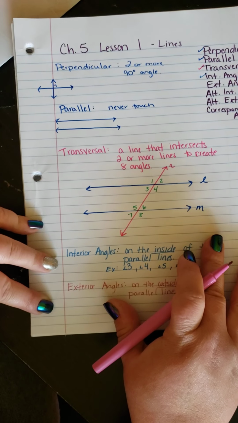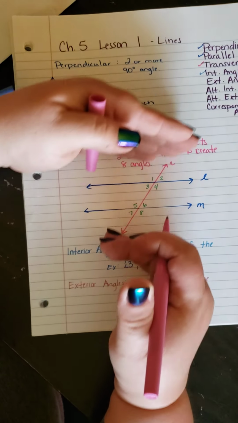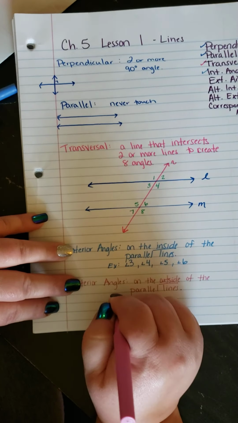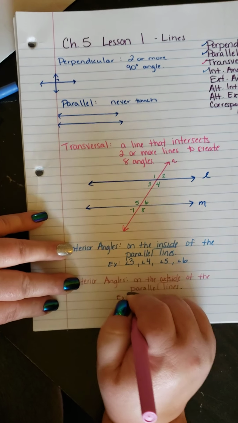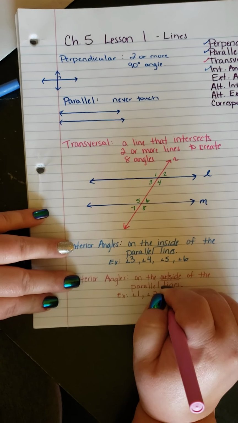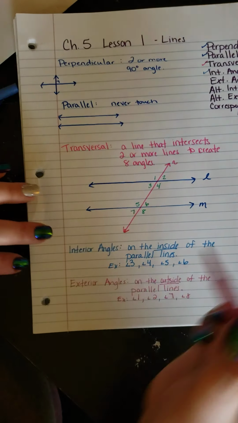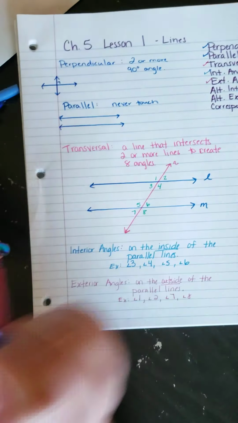Exterior, outside. Exterior, outside. On the outside of those parallel lines. In our example here, it would be angle 1, angle 2, angle 7, angle 8.